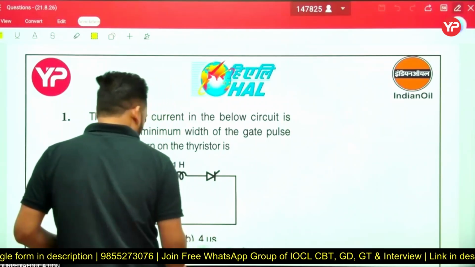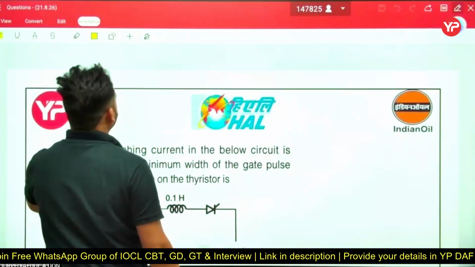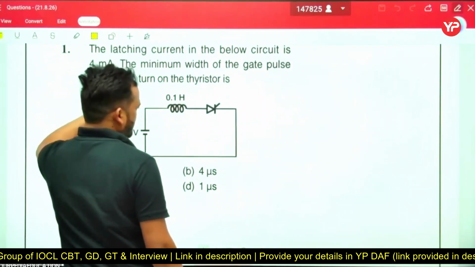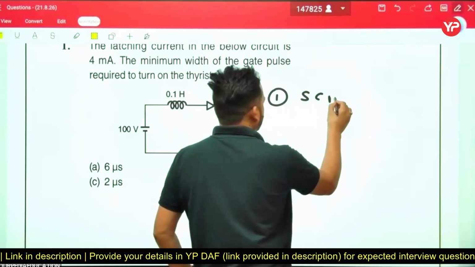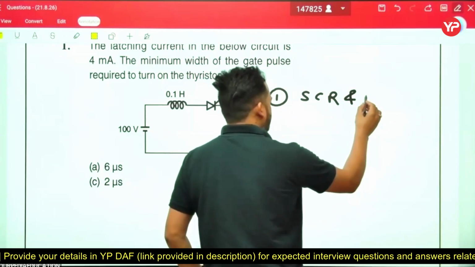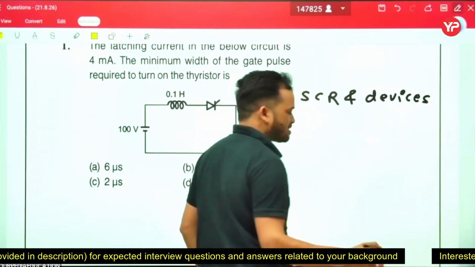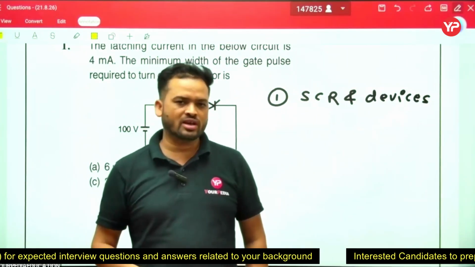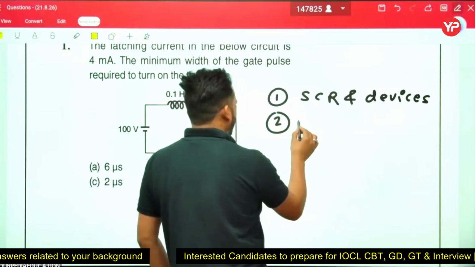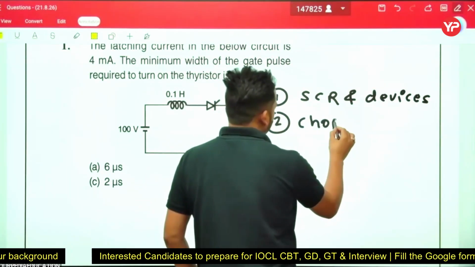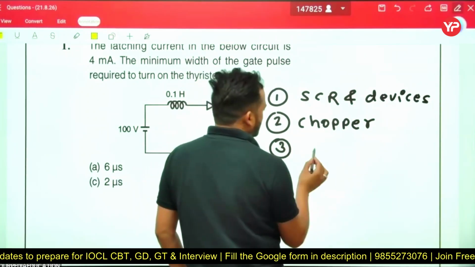First of all, we discuss the syllabus of power electronics. The first chapter is SCR and devices, devices like IGBT, GTO, and all. Next, the second chapter, which is very important, is chopper. The third chapter is inverter.